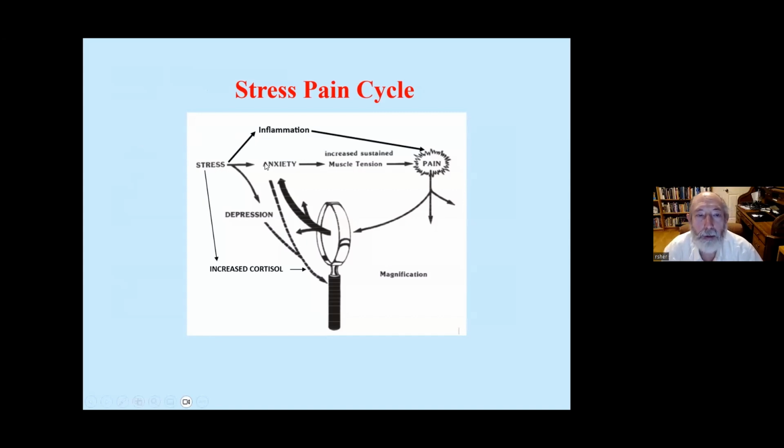So think of a cycle: stress, anxiety, increased muscle tension, leading to pain. And there's all kinds of magnifiers. Anxiety is a magnifier of your pain. Depression magnifies your pain. And there are chemical things that happen when we're under stress. We become inflamed.